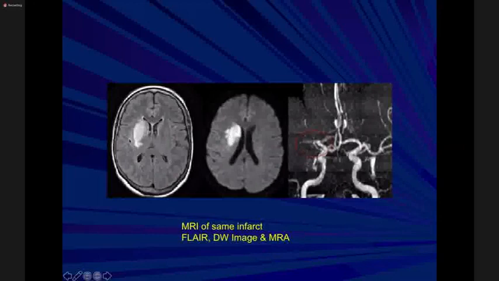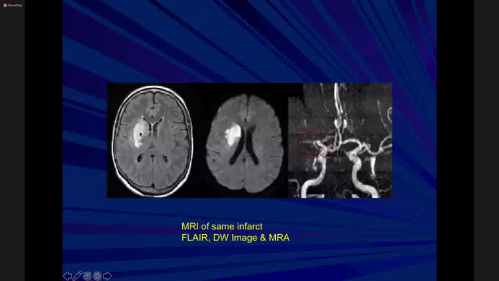and then this is the FLAIR image. Now FLAIR image shows the swelling or the fluid. FLAIR is fluid attenuated inversion recovery. So this does not differentiate hemorrhage from an infarct.